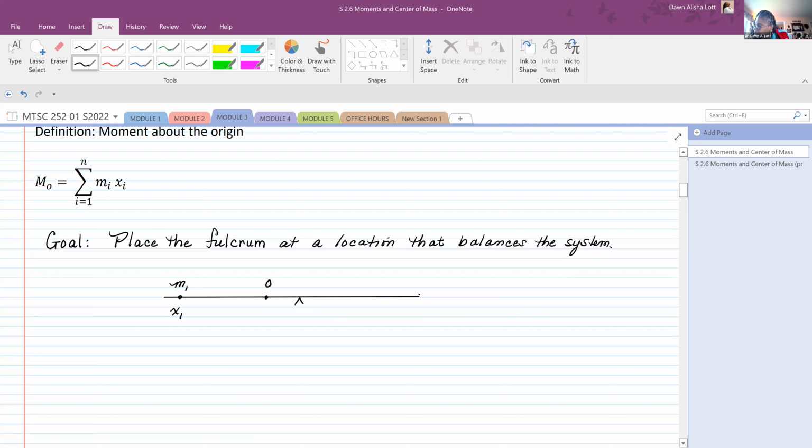Maybe the fulcrum needs to go there. Here's M2, X2. And here's M3, X3. So what we're going to learn on Monday is how to figure out what this is. This point right here is going to be the center of mass. That is the place that balances the system.